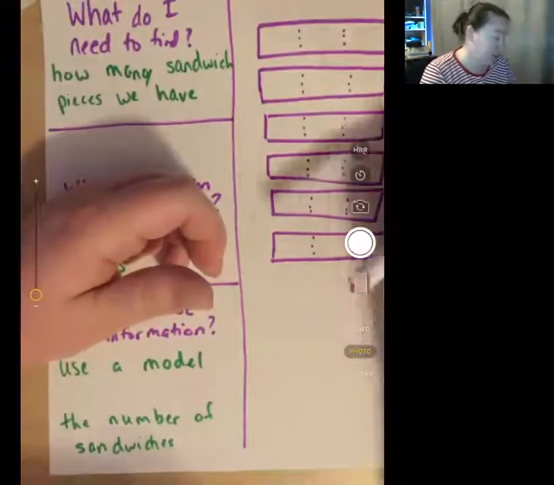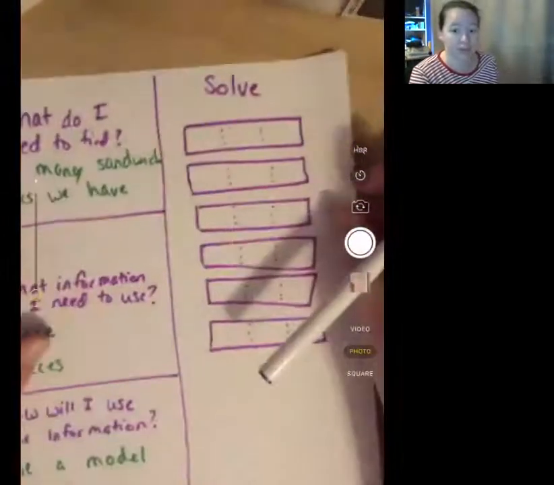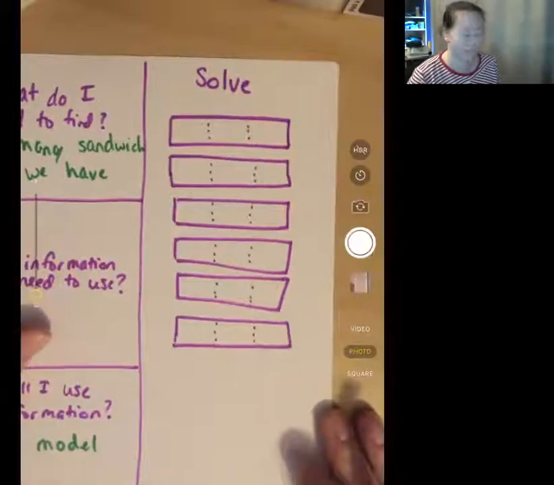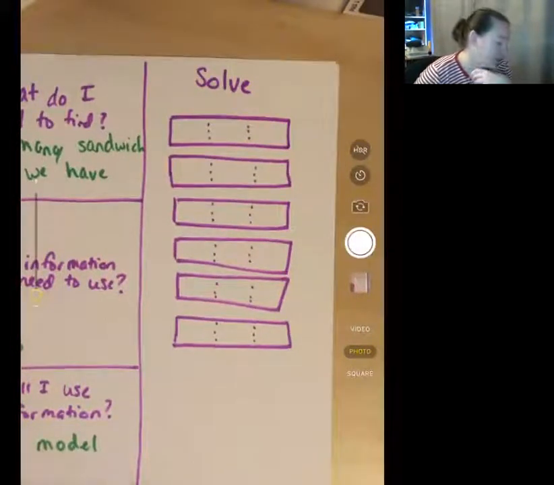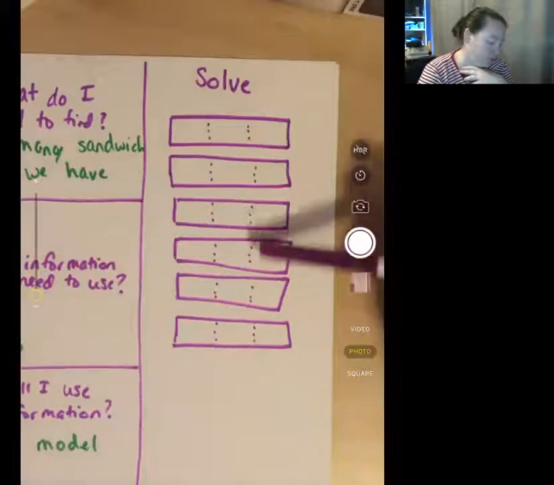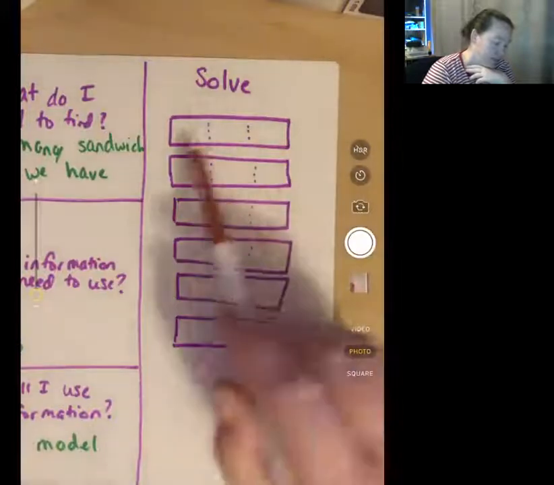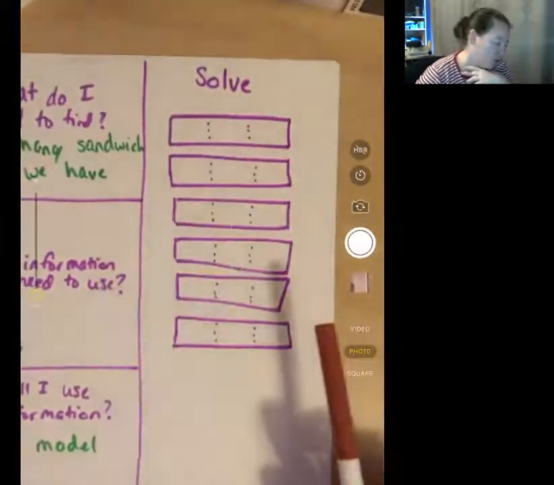All right, so let's go over to the solve the problem side. Since Erica cuts 6, 1, 2, 3, 4, 5, 6 submarine sandwiches, my diagram needs to show 6 rectangles to represent the sandwiches. I can divide each of those 6 rectangles into thirds.